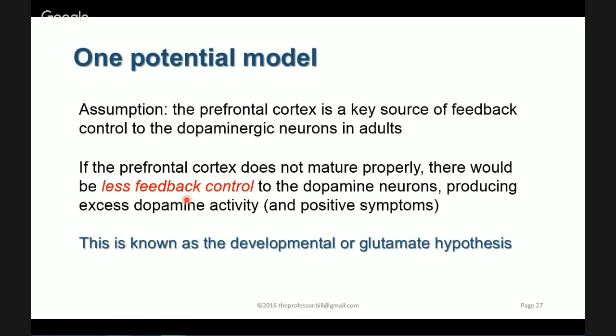Okay, and that's the bare bone basics of this model that tries to explain everything. So this is the neurodevelopmental model, also known in some places as the glutamate hypothesis, because all of this is explained through glutamate. Do you have any questions on this before we go on?